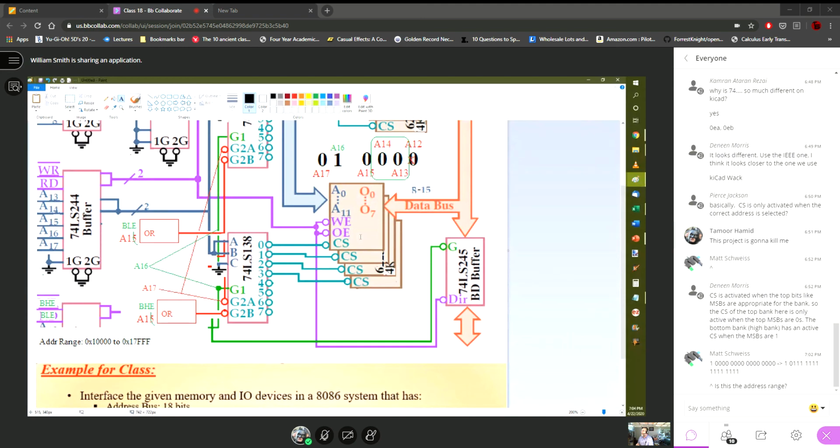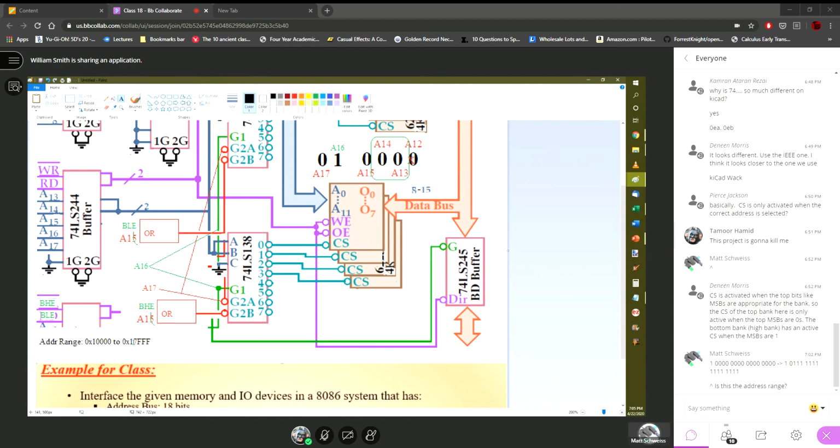Now the other possibility is, what if I've got an address that is, say, 0x18000, just the next address past the top address in my range?